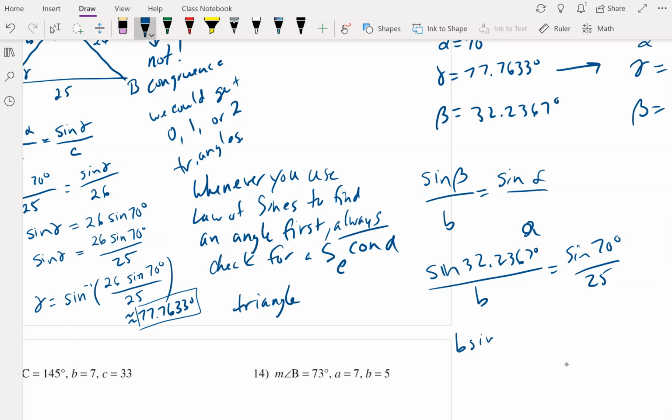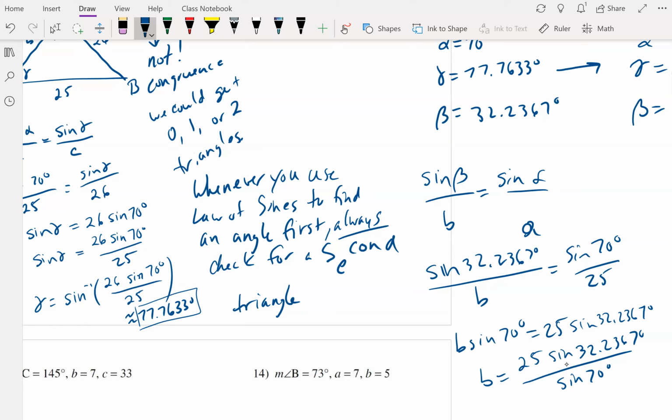Cross multiply and divide by the B. So I have B is equal to 25 sine of the 32 and change degrees over sine of 70 degrees.